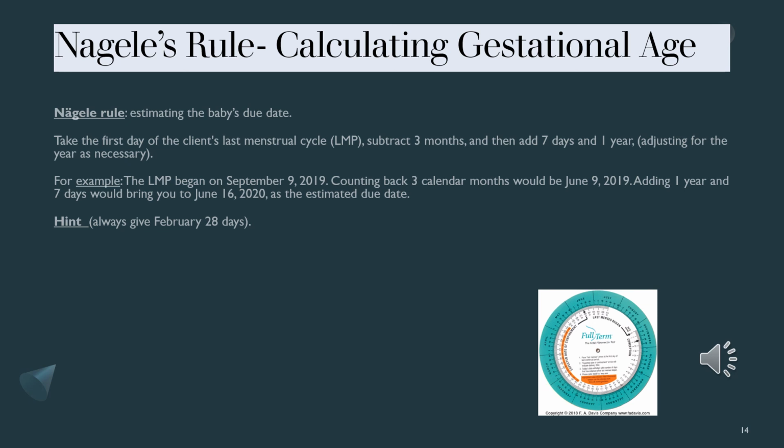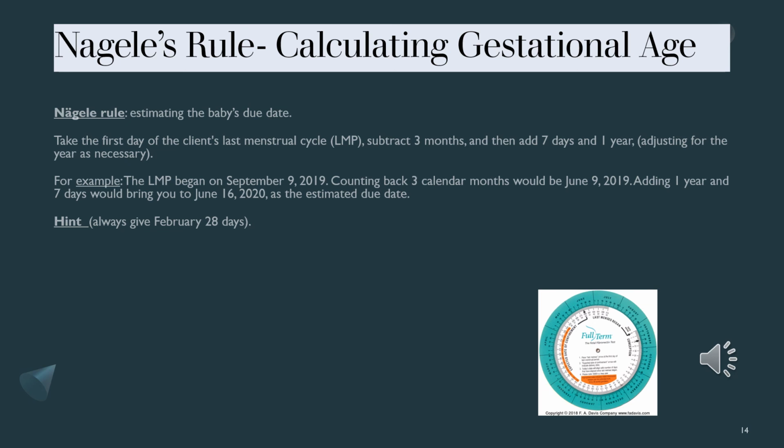If you count back 3 months from September, you have August, July, June. So June is 3 months back. Then I'm going to add 1 year and 7 days. June 9 plus 7 days will be June 16. Add a year, making it June 16, 2020 as the due date.